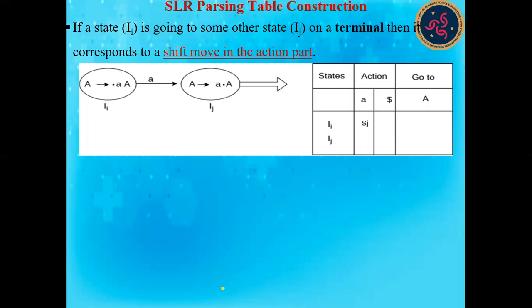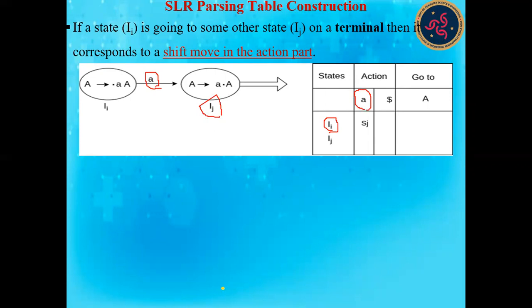So here I have a state Ii, and I have an input symbol, terminal a, read. So at the place a, I have now moved to the new state Ij. So I can have a shift operation.